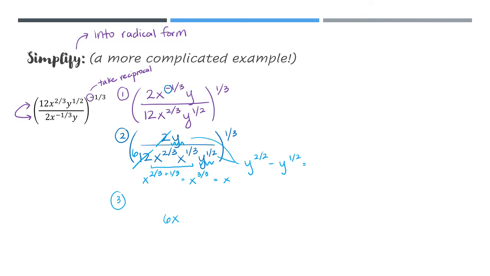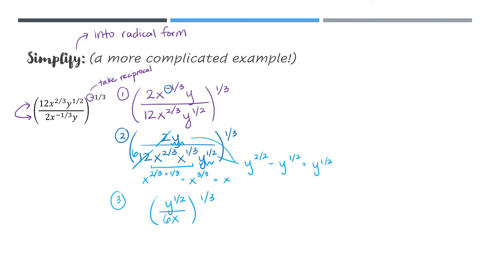Well, that's going to be equal to y to the 1/2 power. So I'm left with a y to the 1/2 power in that numerator. Now this is all still being raised to that 1/3 power. So we still have fractions in our exponents to deal with here.